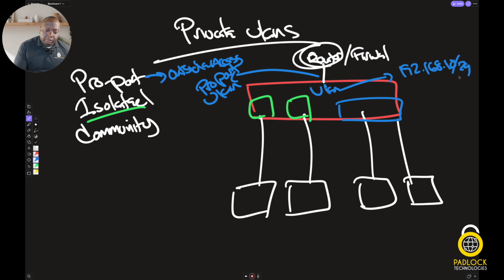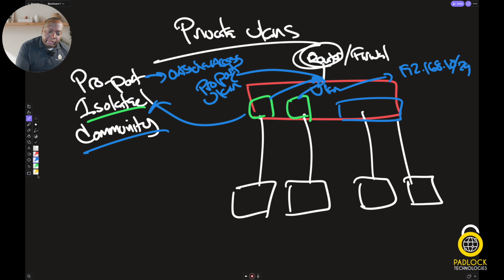Now the key here with private VLANing is these isolated ports are basically saying, hey, you can only talk to the promiscuous port, and that is it. So even though these two are in the same switch, same layer 2 domain, they cannot talk to each other, thus isolated. They're isolated from everybody on the network.